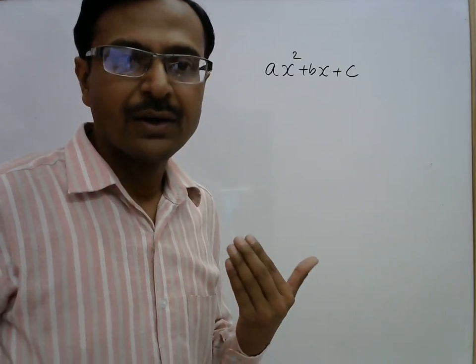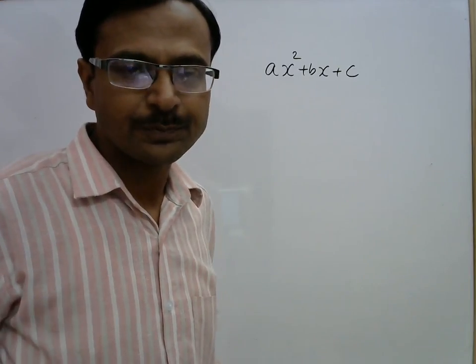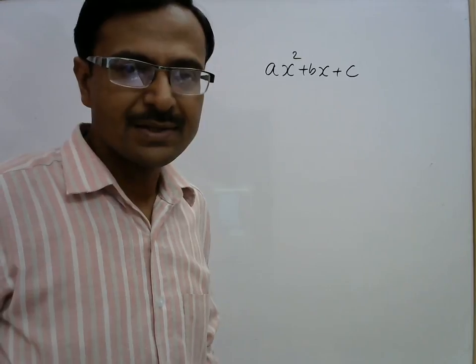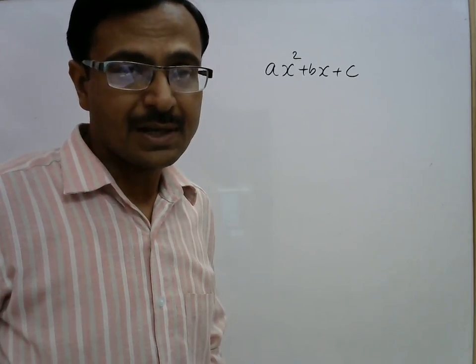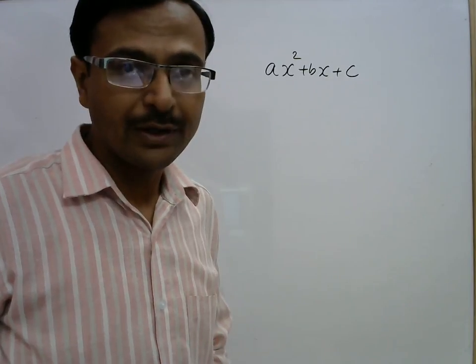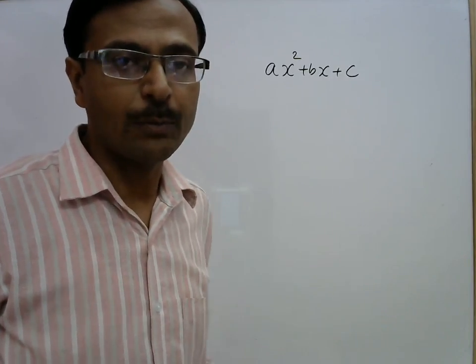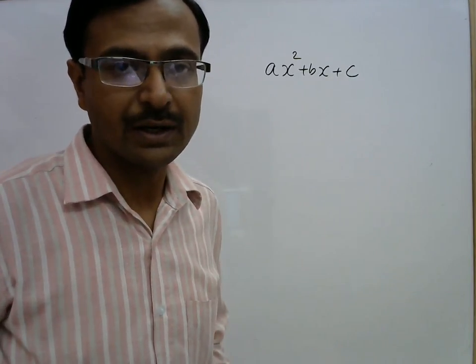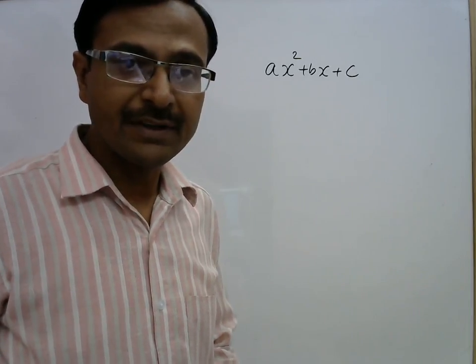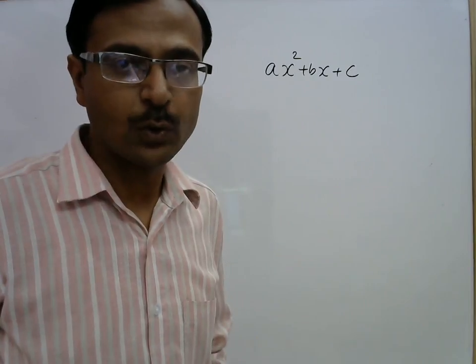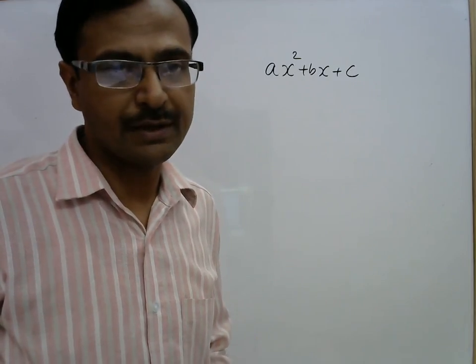Now we are doing the reverse of that video. This time the sum and product of the zeros will be known, and we have to find the quadratic polynomial. So it is reverse of what we were doing earlier. Or we will be given the zeros and we have to find the quadratic polynomial whose zeros are given.